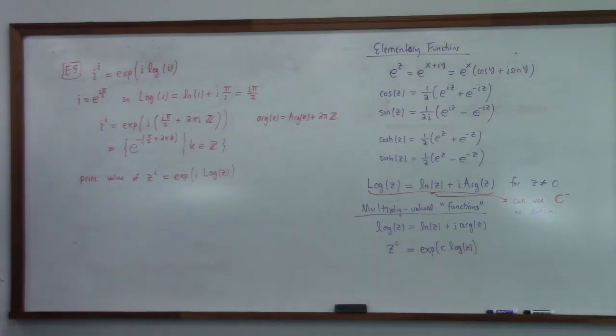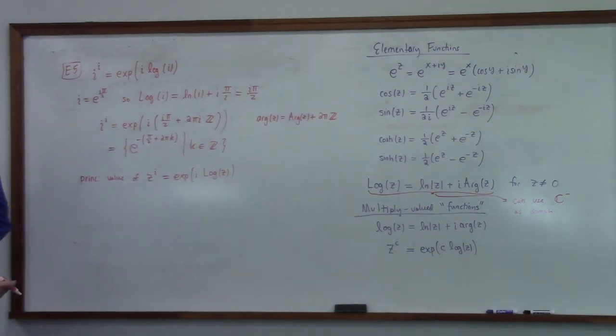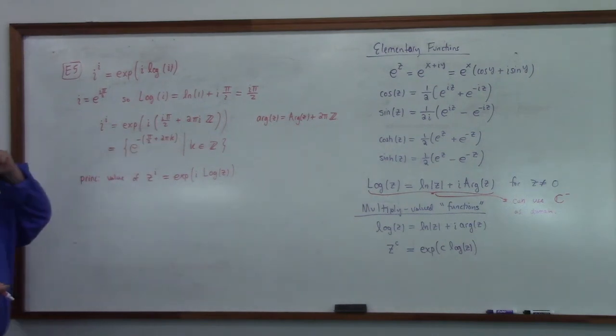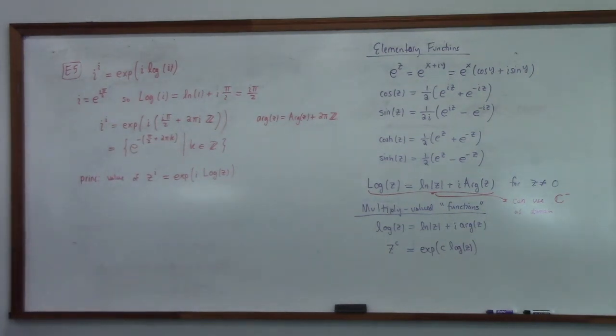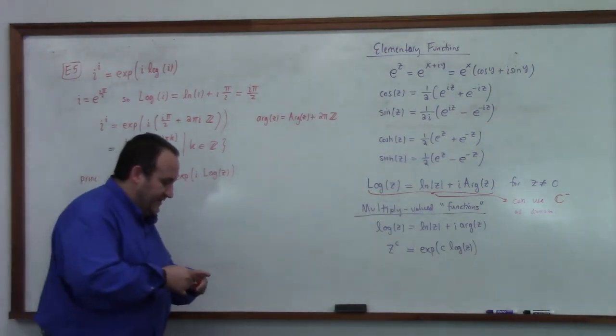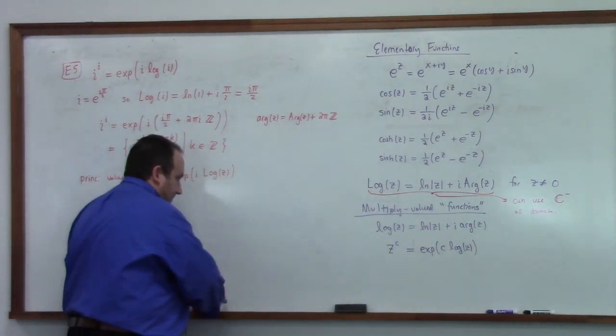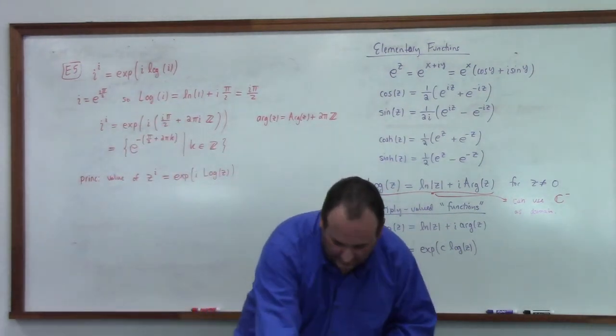And that would pick one of this infinity of choices for the outputs, because we would basically be putting k equals 0 in this. But of course, anyway, the notation leaves something to be desired. You kind of have to write in words, I'm using this branch or something. Okay. I wanted to show you that.